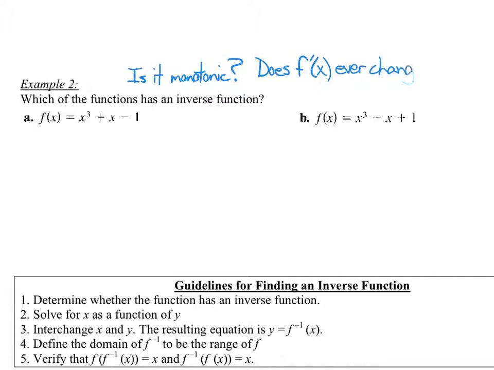It could equal 0, but it couldn't equal 0 at more than one point. Does it ever change signs, or have multiple zeros?